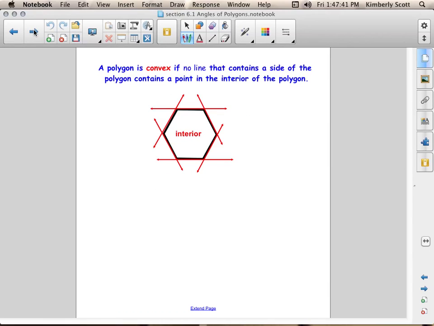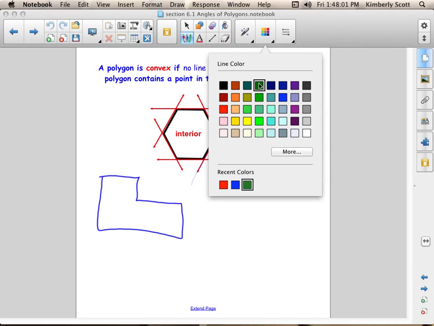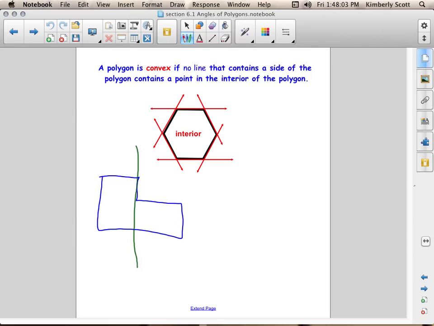We talked about convex and concave again. Convex just means that it looks like a normal polygon. If you extend all of these lines, you will not hit any points that are supposed to be inside the polygon, like you might if you had, say, this figure. If you extended this line right here, notice right over here you're starting to hit points that are inside the polygon.